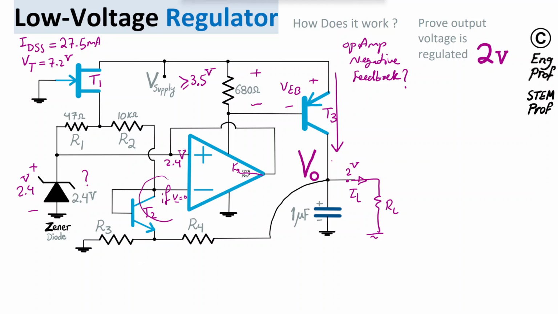Initially we have 0 volts here, and we have higher than 2.4 volts here, because we have 2.4 here, and there is a bias current going through R1, so the voltage here is higher.